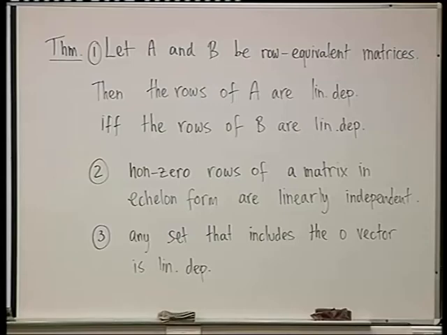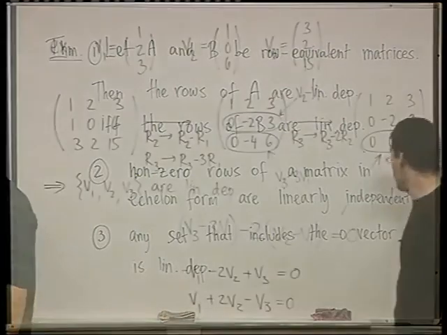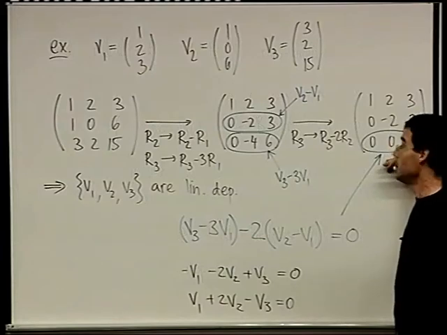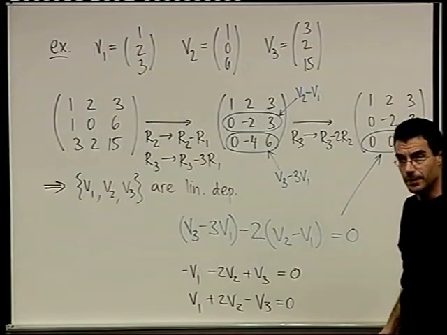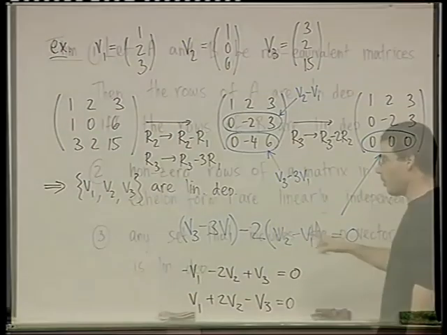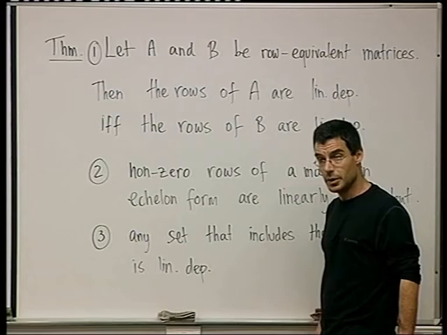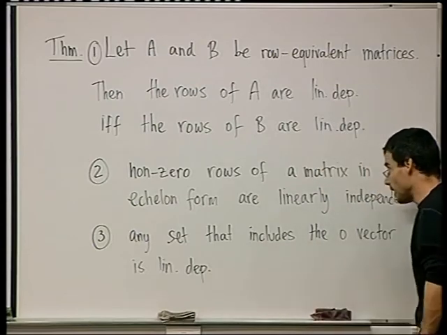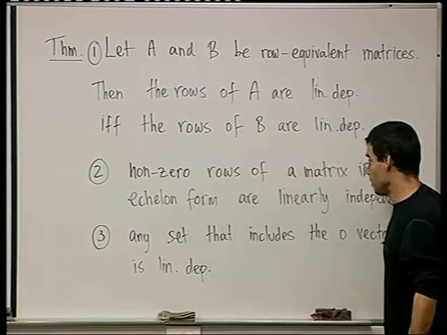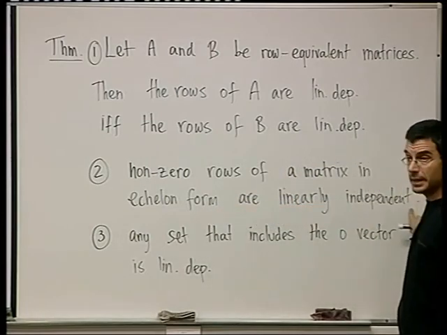Okay? Theorems 2 and 3 tell us the following. If there is a 0 vector here, that's theorem 3. If there is a 0 vector here, then the set is linearly dependent, right? That's theorem number 3. Any set that includes the 0 vector is linearly dependent. Do you agree? And theorem number 2 tells you non-zero rows in echelon form are linearly independent.